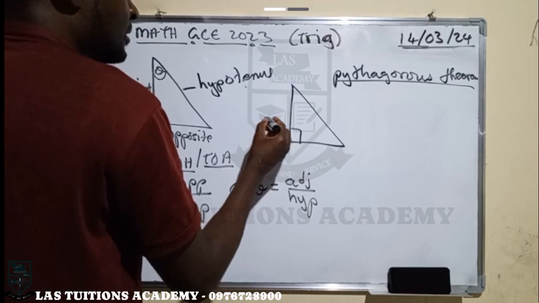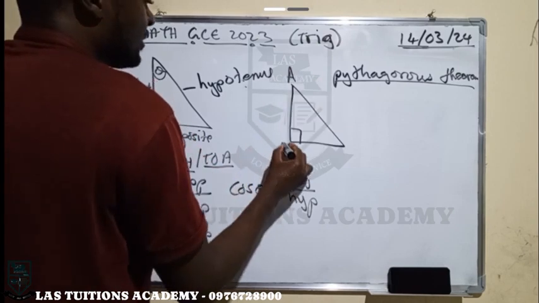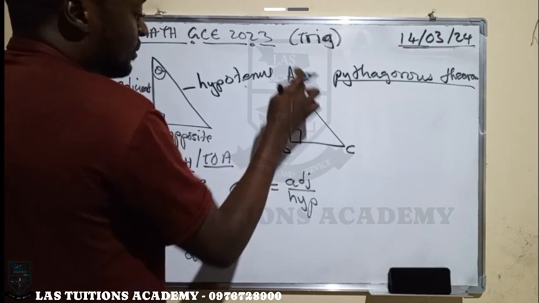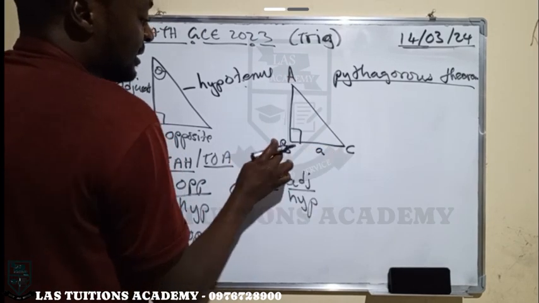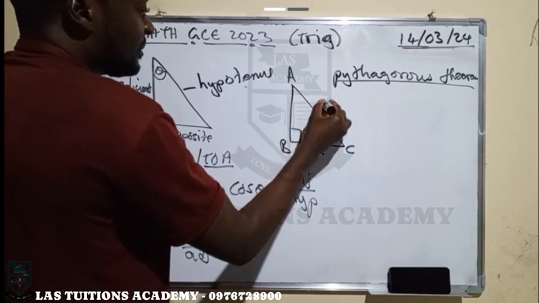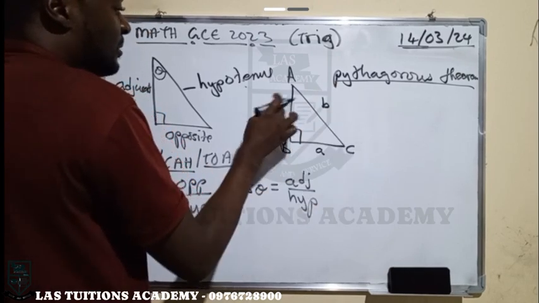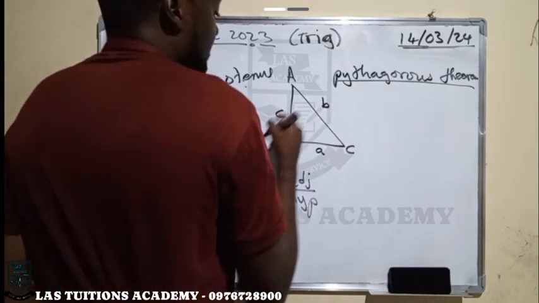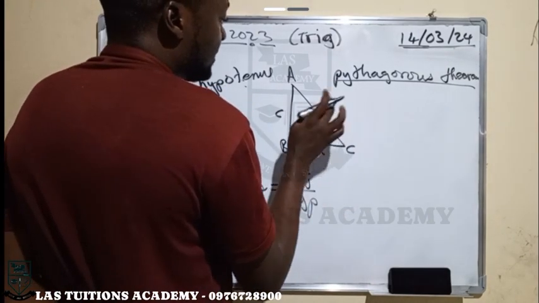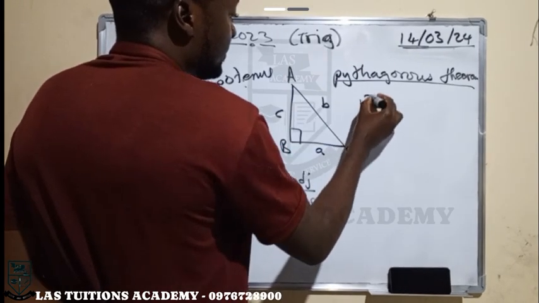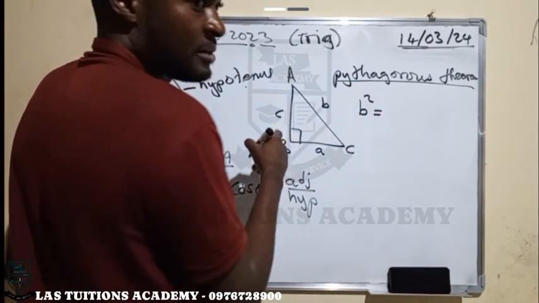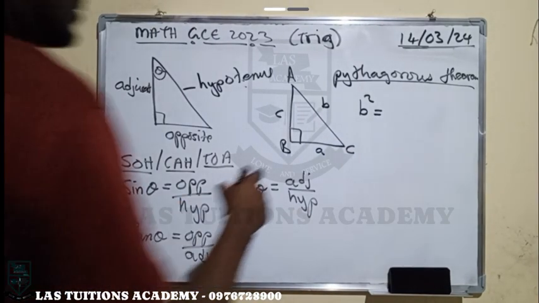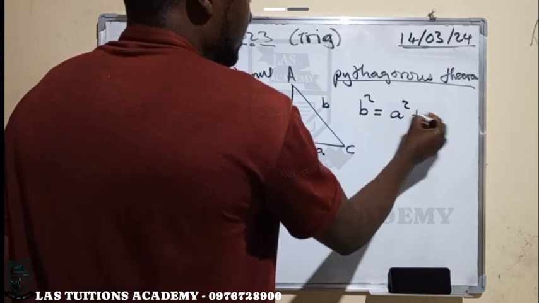So we have A, B, C. The side opposite to A is our side A, the side opposite to B is our B, and the side opposite to C is our C. Now, Pythagoras theorem says, if I want to find B, B squared is equal to A squared plus C squared.